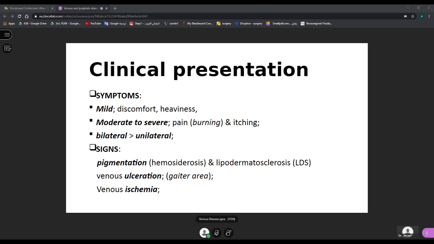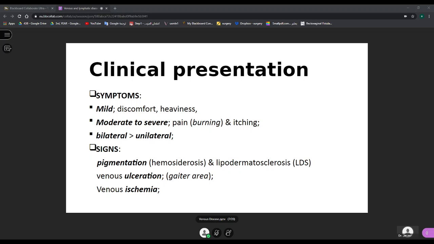And the explanation for hemosiderosis is that in these dilated and tortuous veins, you get stagnation of blood, and this will sometimes result in hemolysis. When you get hemolysis, you get heme coming outside of red blood cells. We know that heme is found inside red blood cells. One of the constituents of heme is iron. We already know that iron has an important role in generation of cells.